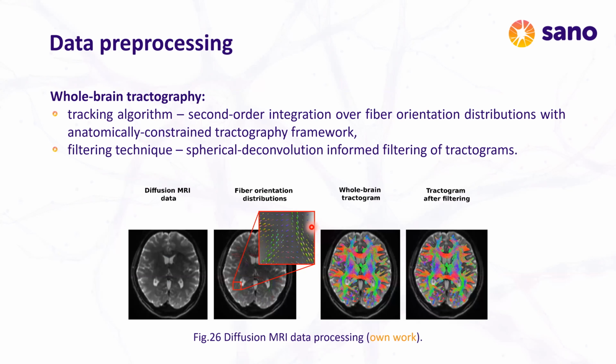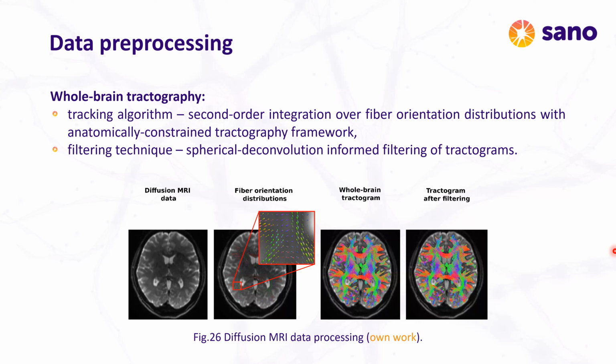Based on the diffusion-weighted data, fiber orientation distributions were determined, which were then used to generate the whole brain tractogram by applying the second-order integration over fiber orientation distributions algorithm with the anatomically constrained tractography framework.